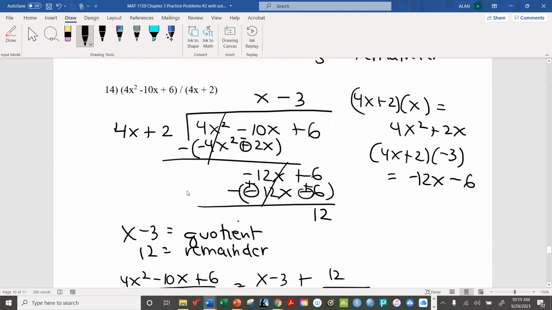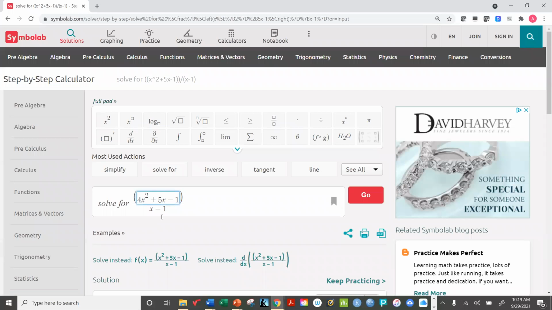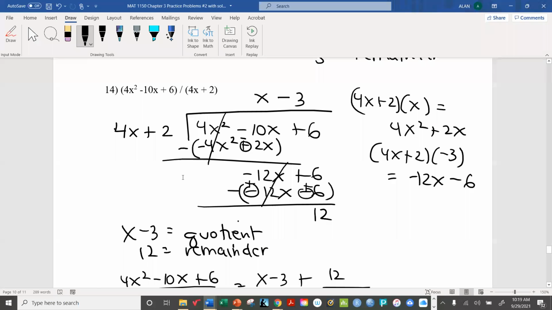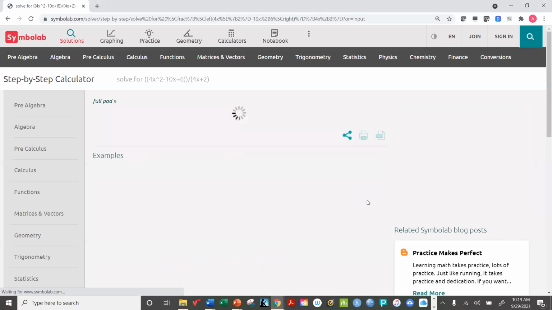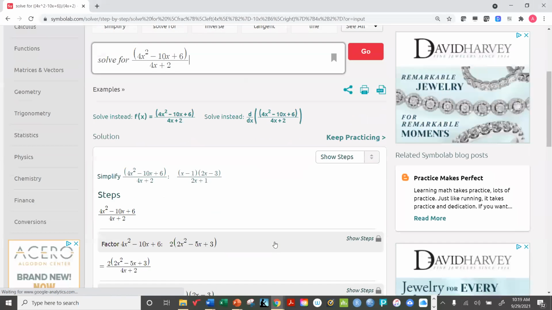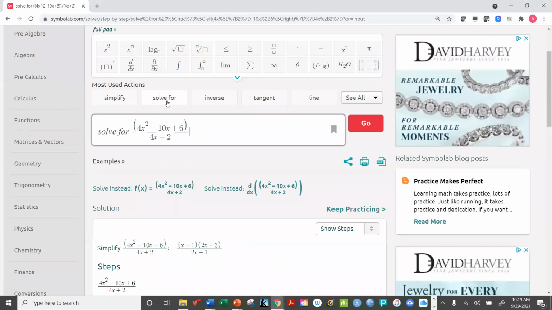4x squared minus 10x plus 6, all divided by 4x plus 2. All right, here we go. Oh, that's right, I almost forgot. No, I have it. I hit solve for it. It should be here.